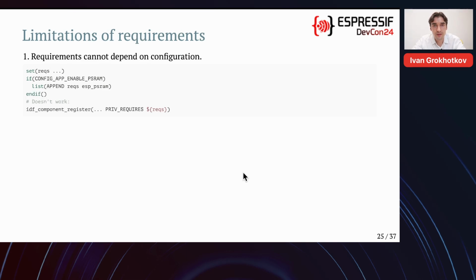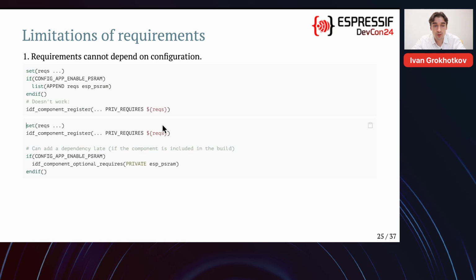There are a couple of things that I also want to point out with regards to limitations associated with the requirement system. And the first one is that requirements between components cannot depend on kconfig options. For example, this snippet will not work. You might expect that we can check if a certain configuration option is set, and we can add the component dependency into the requirements list, but this will actually not work.